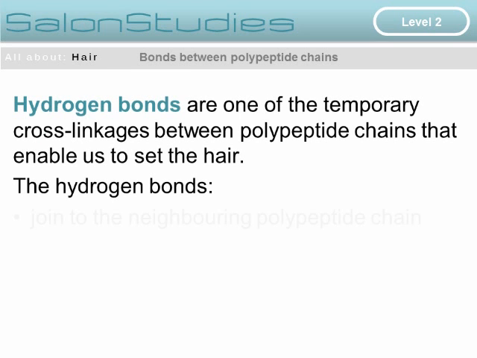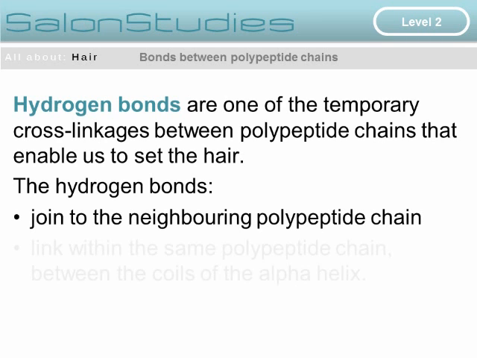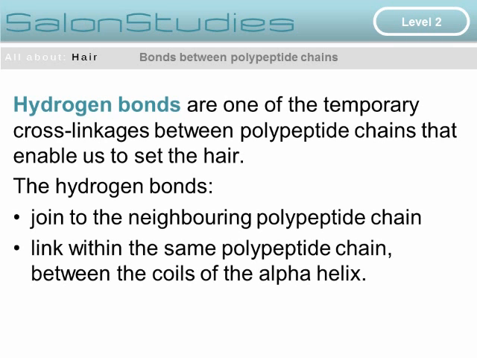Hydrogen bonds are one of the temporary cross-links between the polypeptide chains that enable us to set or fix hair into shape. The hydrogen bonds join to the neighbouring polypeptide chain or link within the same polypeptide chain between the coils of the alpha helix.